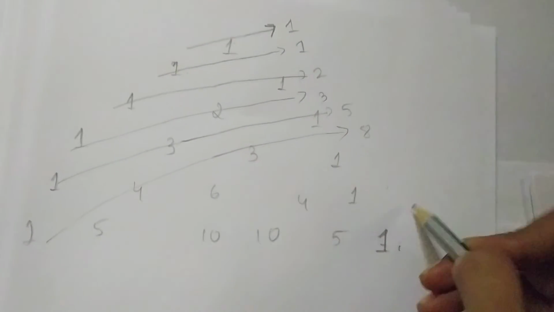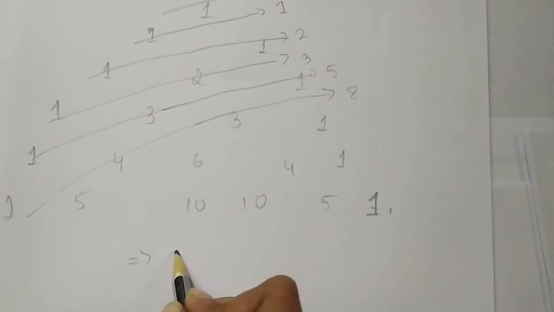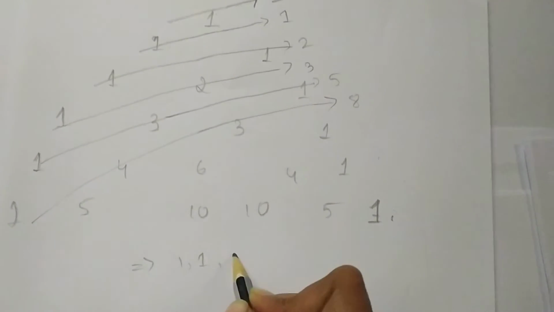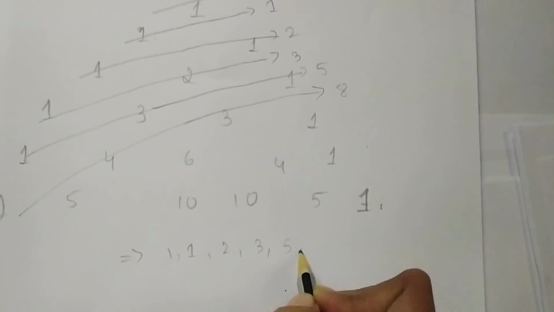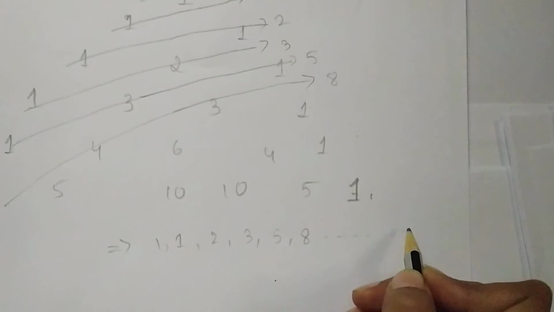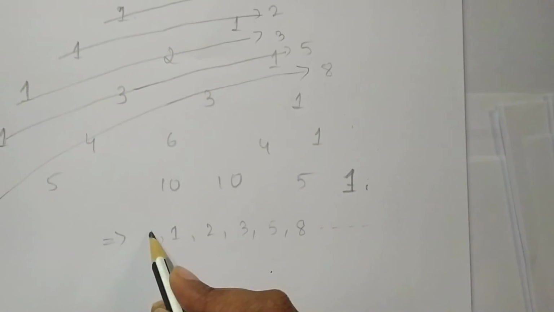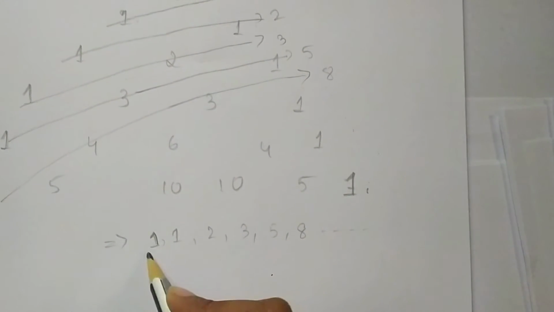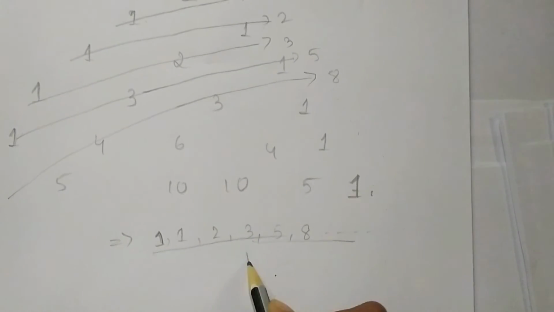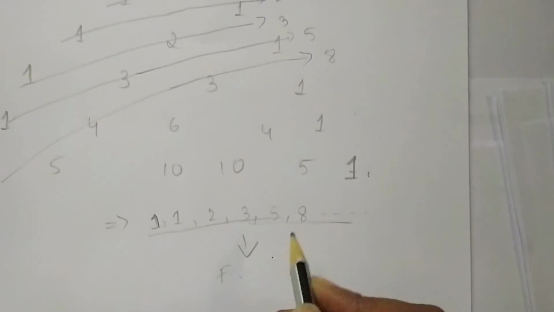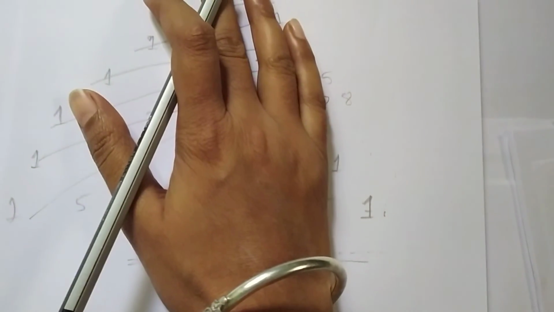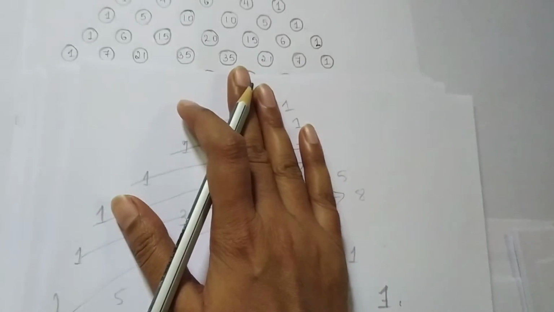Further it continues. Let us write here what the hidden sequence is. This is the hidden sequence in the Pascal triangle. This sequence is known as the Fibonacci sequence. From this we come to know that the Pascal triangle has the Fibonacci sequence.